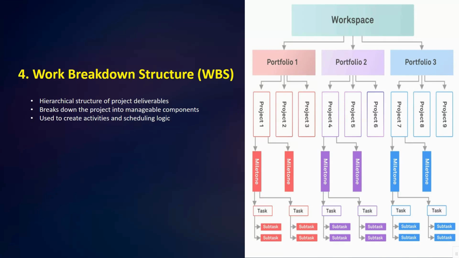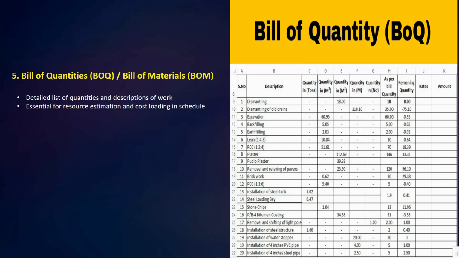It organizes the deliverables into a hierarchy, which allows planners to create activities and build logical relationships. Without a proper WBS, scheduling becomes very complex and unclear. That's why the work breakdown structure is very important.